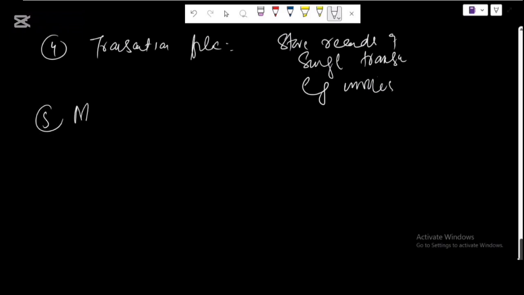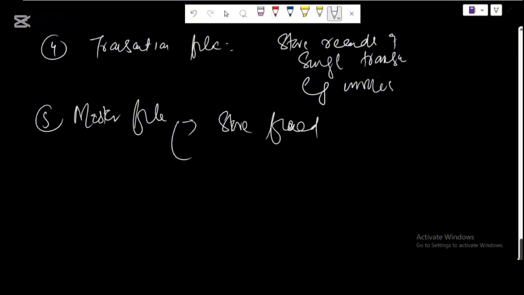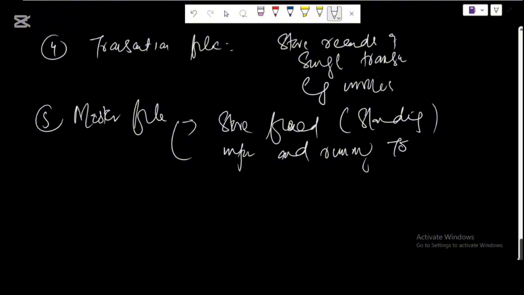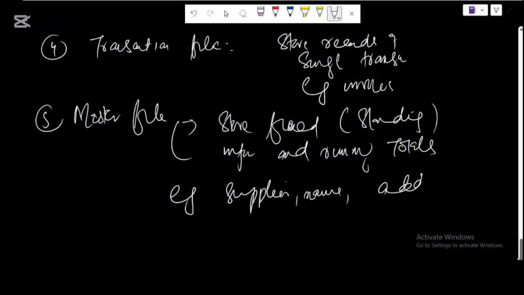And at the last, you have a master file. And this stores fixed, standing information and running totals. And this includes your supplier name, the addresses of the suppliers, your year to date purchases.